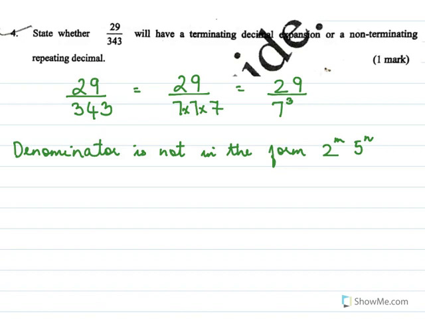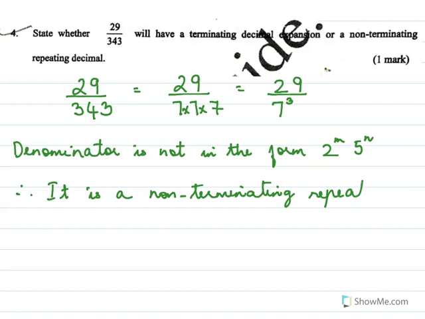There is no 2, there is no 5 in the denominator. So therefore it is a non-terminating repeating decimal.